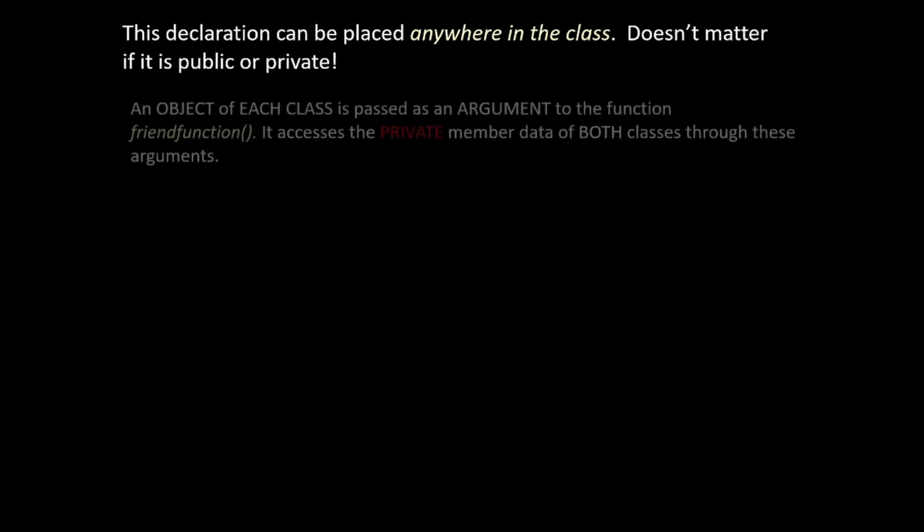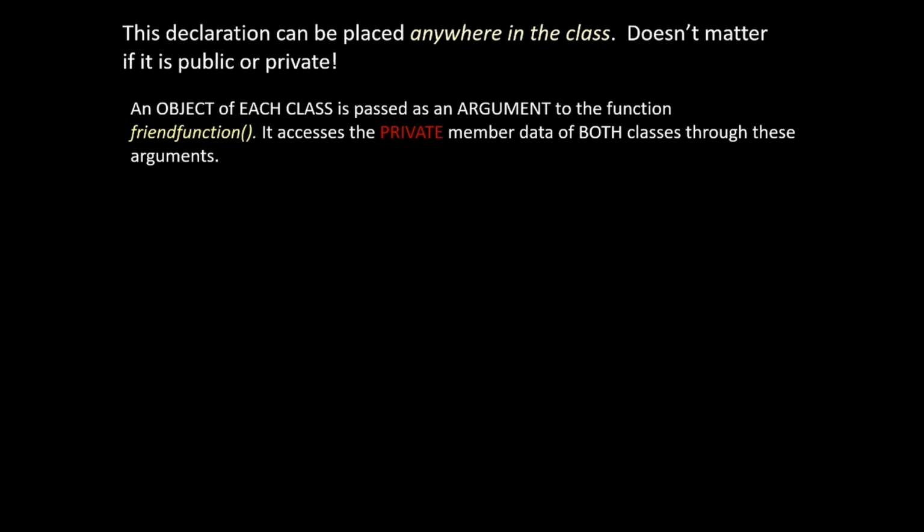This declaration can be placed anywhere in your class. It doesn't matter if it's public or private. You can use this friend declaration. An object of each class is passed as an argument to the friend function. It accesses the private member data of both classes through these arguments. And we are going to look at this in Visual Studio in a minute.